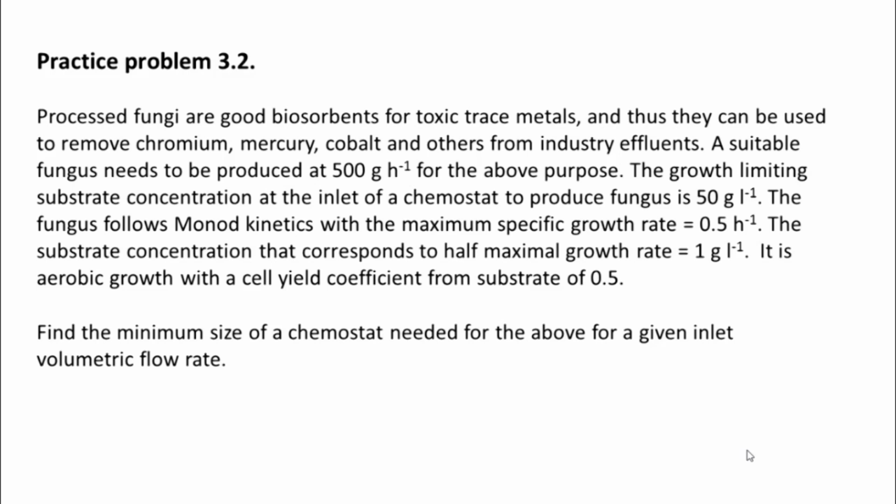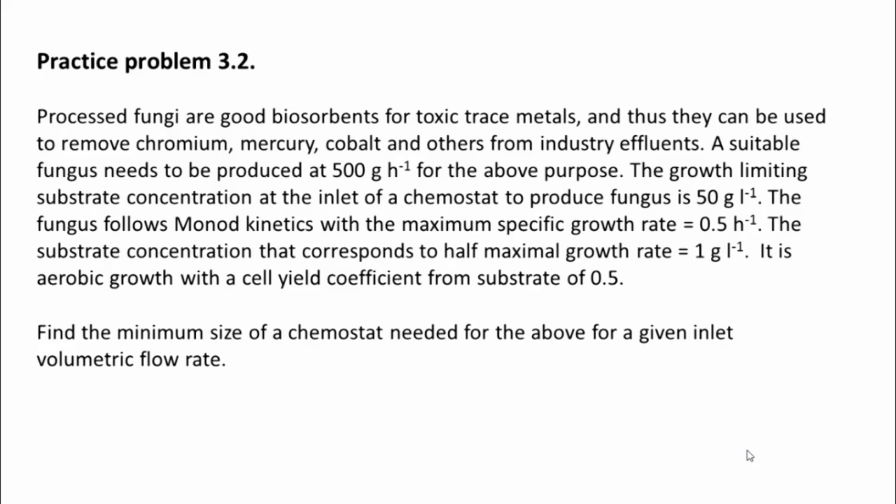Processed fungi are good biosorbents for toxic trace metals, and thus they can be used to remove chromium, mercury, cobalt and others from industry effluents. A suitable fungus needs to be produced at 500 gram per hour for the above purpose. That's the production rate.